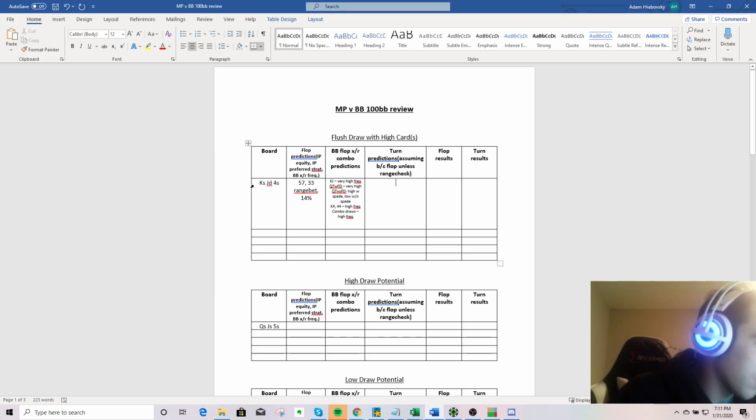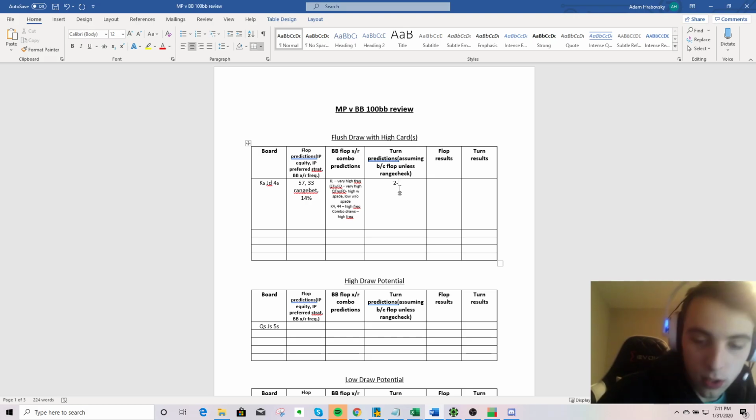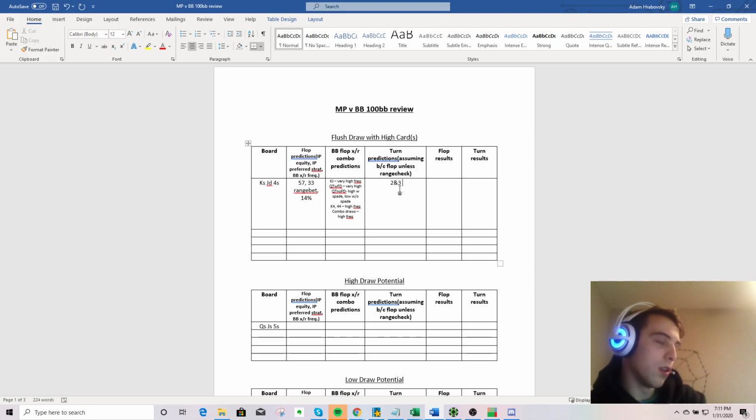So on King Jack 4, on 2 and 3, well, first we'll say any flush card is going to be small bets on turn or check.